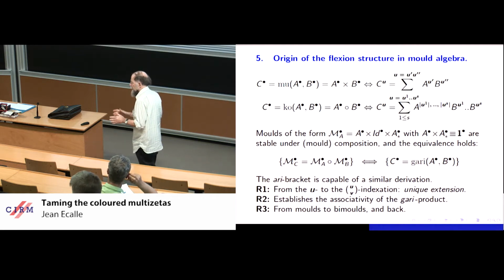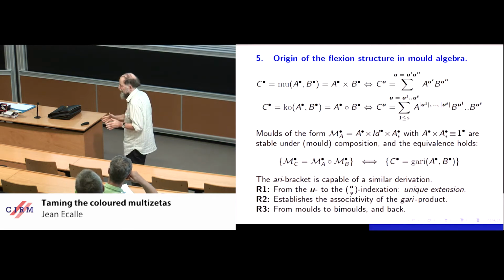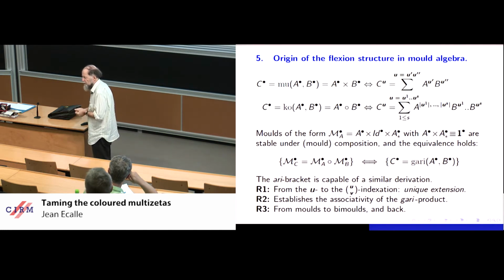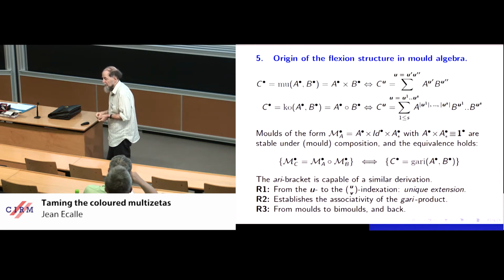If you specialize the ARI-GARI structure to certain very large subalgebras, so to certain ideals, then you recover the uninflected structure. So you go from that. This is a shuttle, actually.